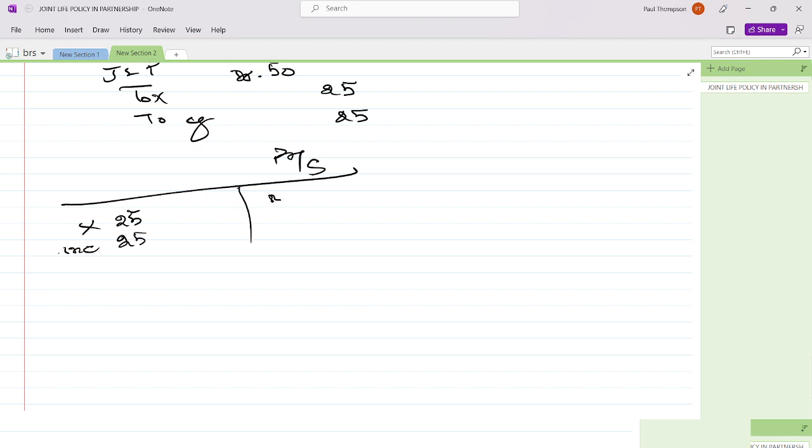Now the machinery is there for 50 lakh. What will he do? Whatever amount he received in the bank, 50 lakh from the insurance company, he will make this payment to Y, because Y has to receive 25 lakh rupees as capital and 25 as JLP.